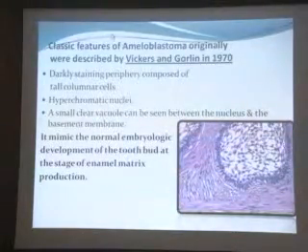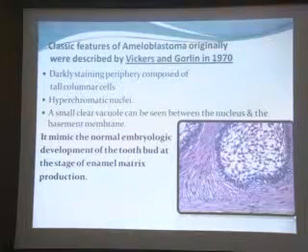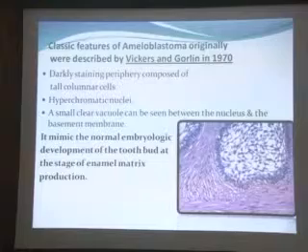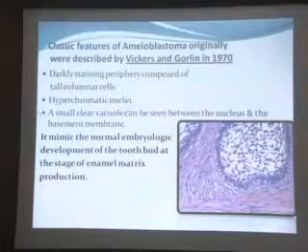So what are the Vickers and Gorlin criteria? There is a darkly staining periphery composed of tall columnar cells. Looking at this histopathological picture, you can very well appreciate the darkly staining peripheral cells which are tall columnar.